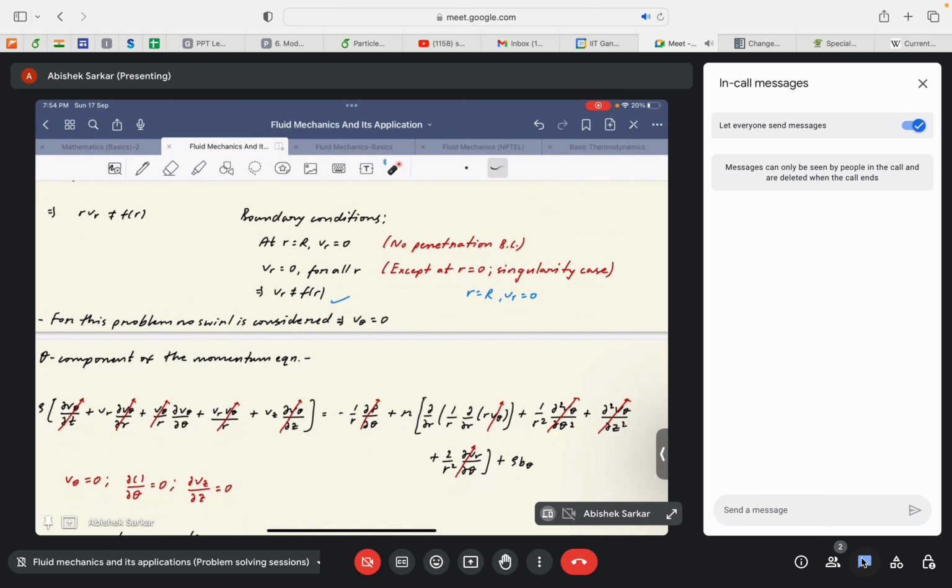It may not be completely accurate because we are taking a lot of assumptions, but if these assumptions are correct, then these are the exact solutions.